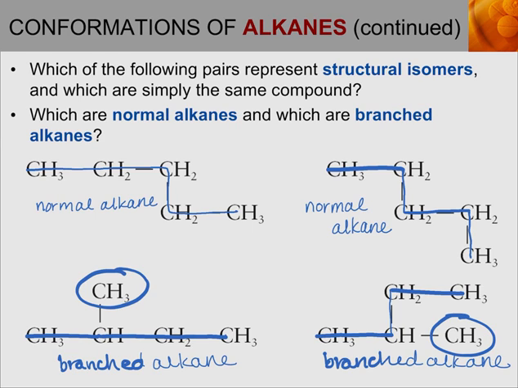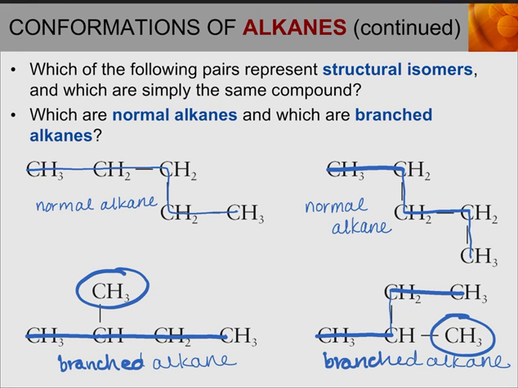That's totally fine, but if you're not as familiar with this, then I recommend trying to draw a line through all of the carbons. And if you can, without coming to a fork in the road, then you know it's a normal alkane. But if you do have a fork in the road and you have to make a decision, then you know it's a branched alkane.